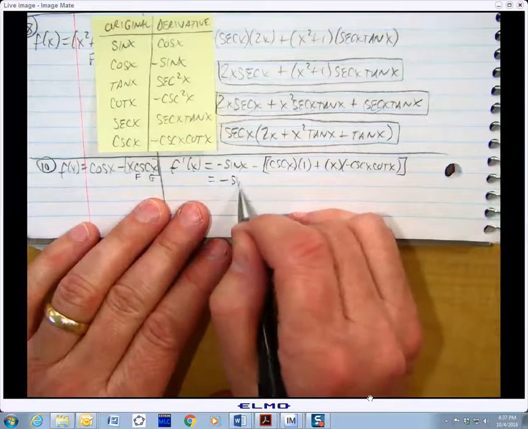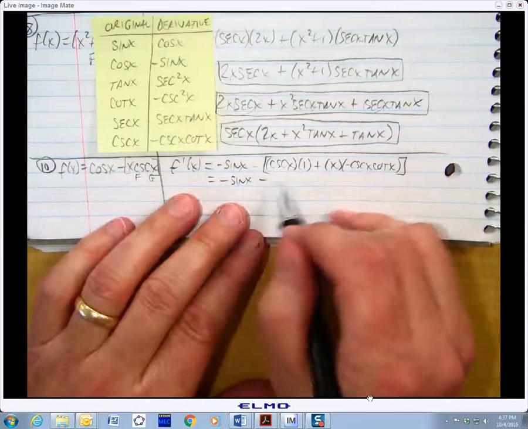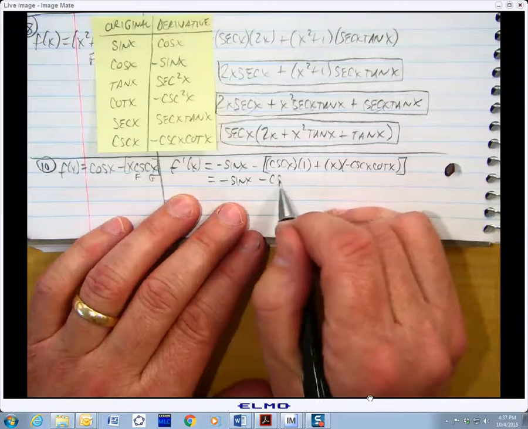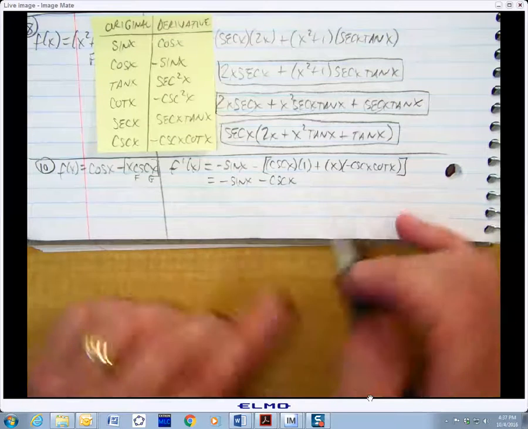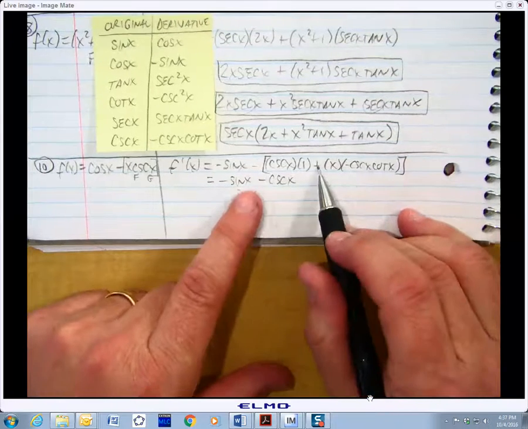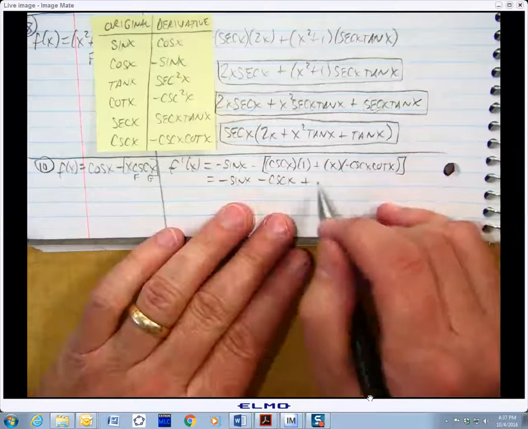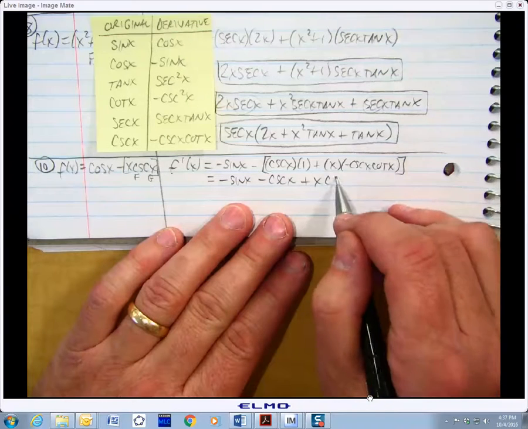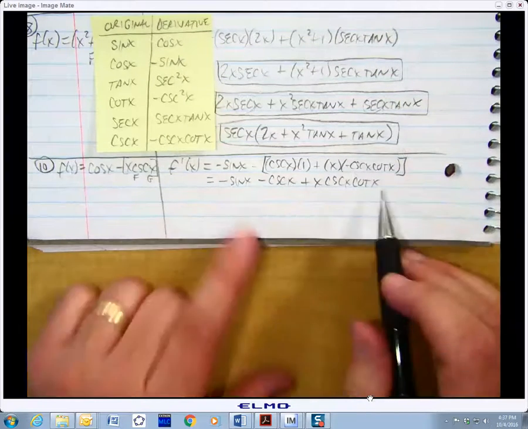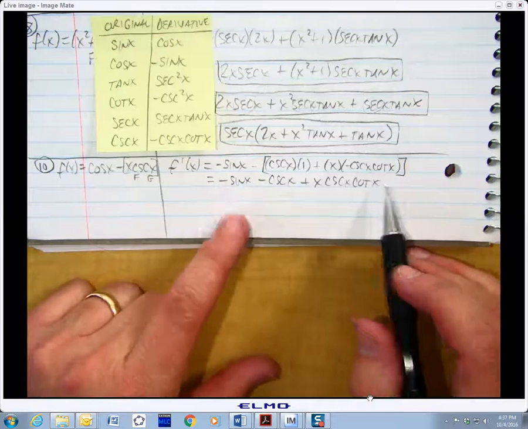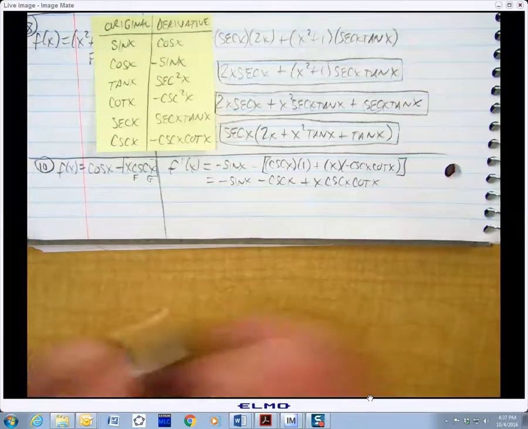All right, let's go ahead and distribute that negative and break down all the walls. So we don't need any brackets, no parentheses. 1 doesn't do anything. Then we have a negative times a positive times a negative. That's a positive. And we'll have x cosecant x cotangent x. So there we go. That's a pretty good looking answer right there.